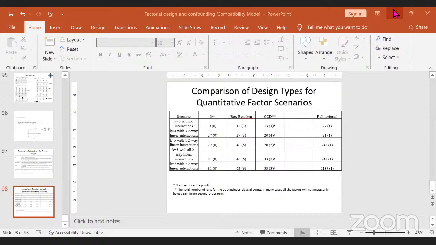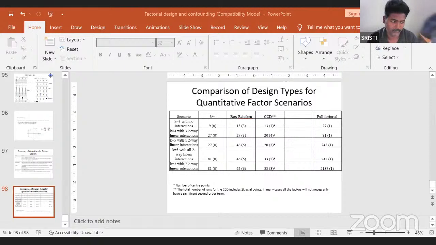You can make your own choice based on how many experiments you have to do, and which combinations, say AB, AC, you are interested in. That means, should I know if there is an interaction between temperature and pressure, or temperature and pH, which ones are important I want to study. That design gives you that information also. Based on your domain knowledge and number of experiments, you can select the design.